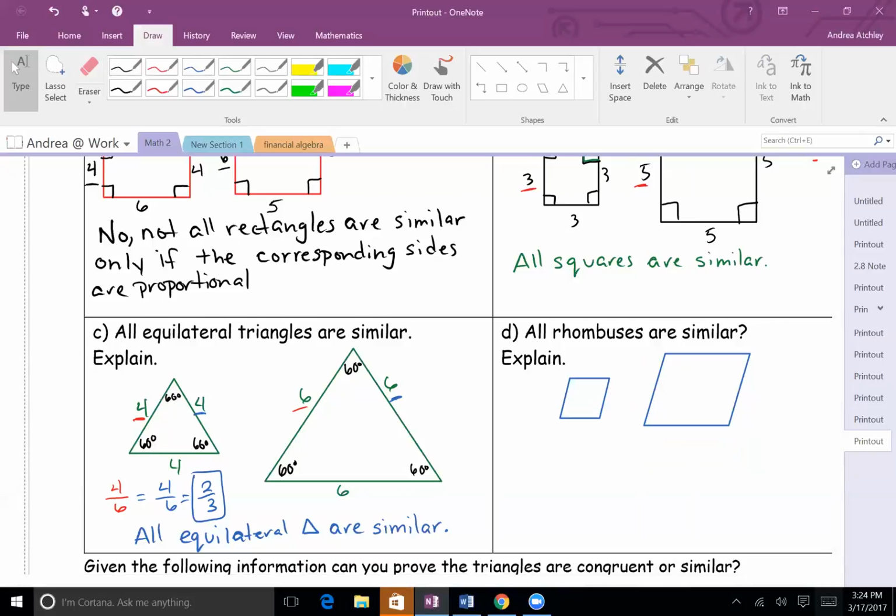This rhombus isn't necessarily equilateral, or this is not necessarily a rhombus. Let's try that again. It kind of looks just more like a parallelogram.